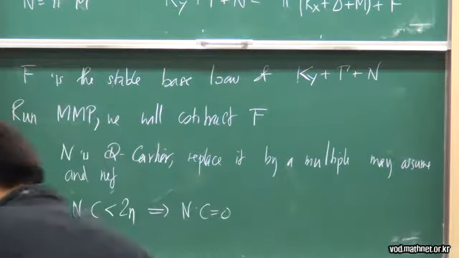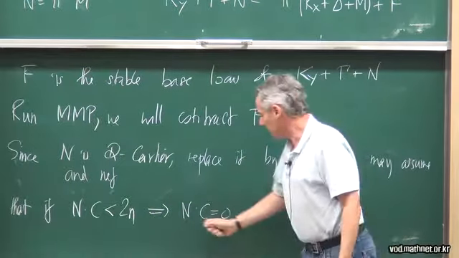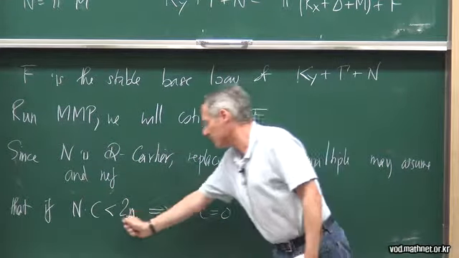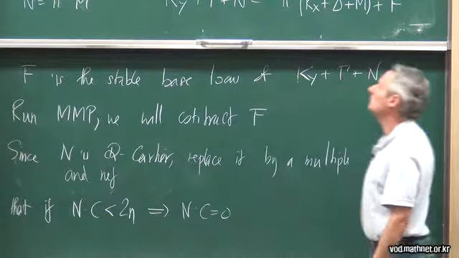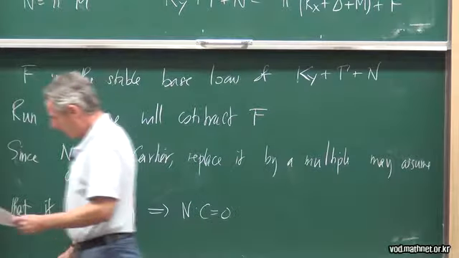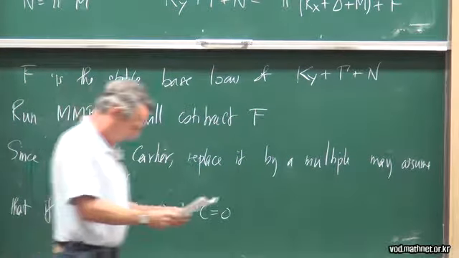Because if I replace it by a multiple, I can assume it's Cartier. Then I replace it by 2n times that Cartier divisor. Then N dot C, if it's positive, is at least 2n. So if it's less than 2n, it must be 0. That's not true if I had an R-divisor, because I might get some weird cancelling. It just isn't true for R-Cartier divisors, annoyingly.